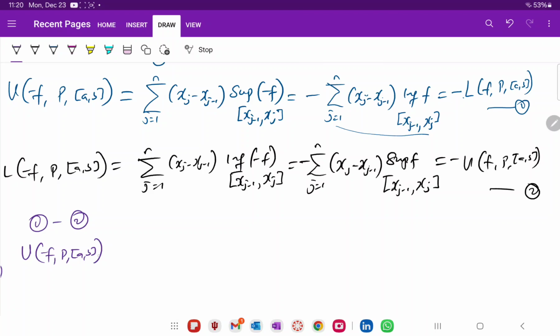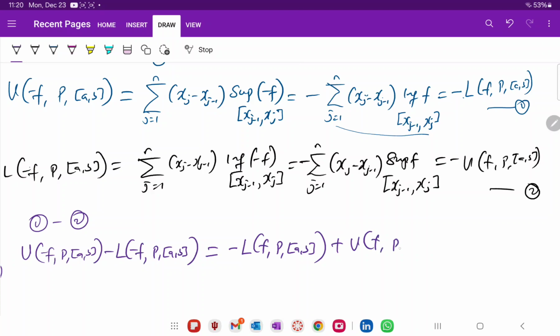Then we have the upper Riemann sum of f minus the lower Riemann sum of f, and this is nice enough.